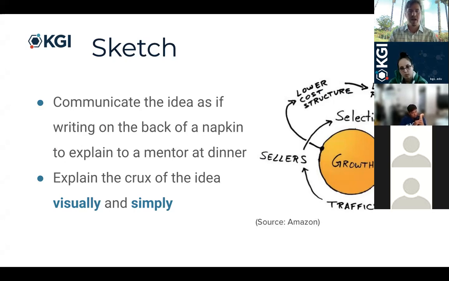And so we end up having this virtuous cycle that eventually leads to higher growth, enables us to lower costs even more. And then all of that feeds the growth of this company.